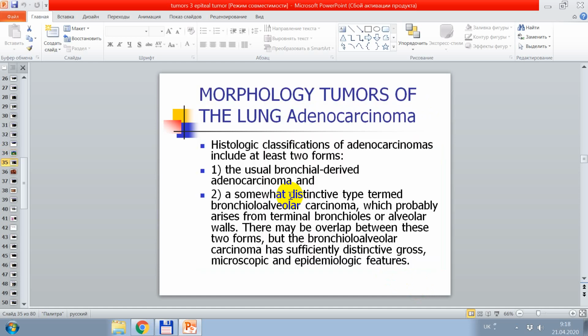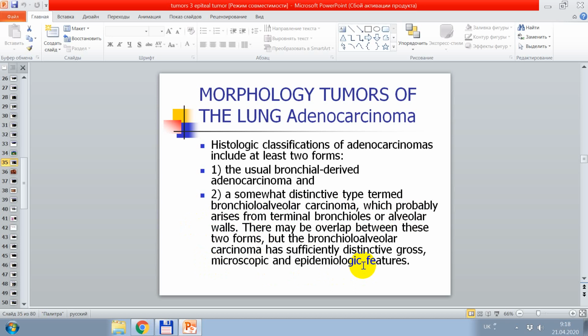Morphology: tumors of the lung, adenocarcinoma. Histological classification of adenocarcinomas includes at least two forms. First, the usually bronchial derived adenocarcinoma, and second, a distinct type termed bronchoalveolar carcinoma, which probably arises from terminal bronchioles or alveolar walls.